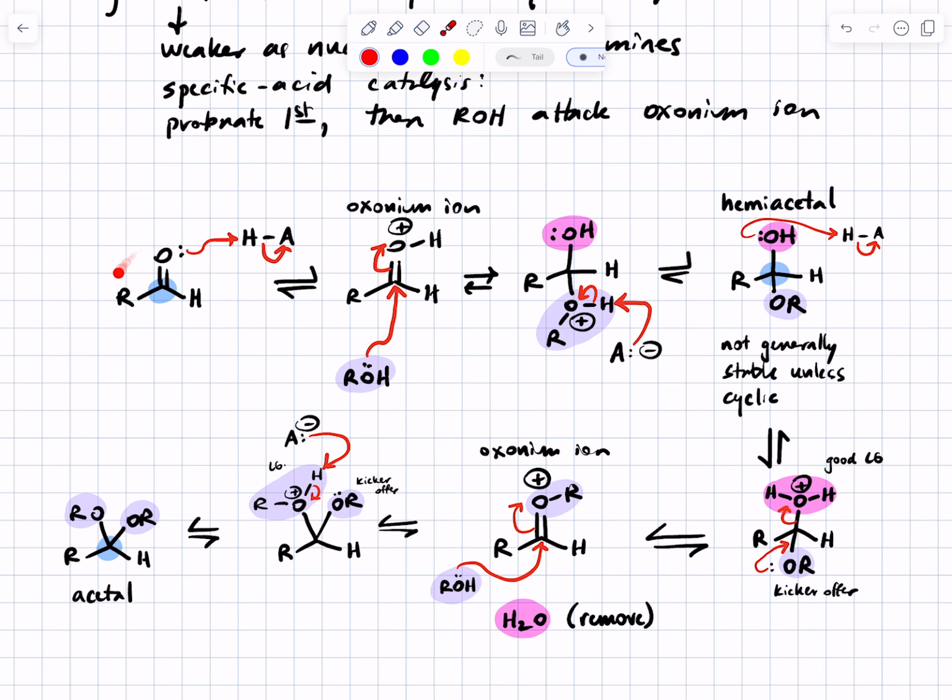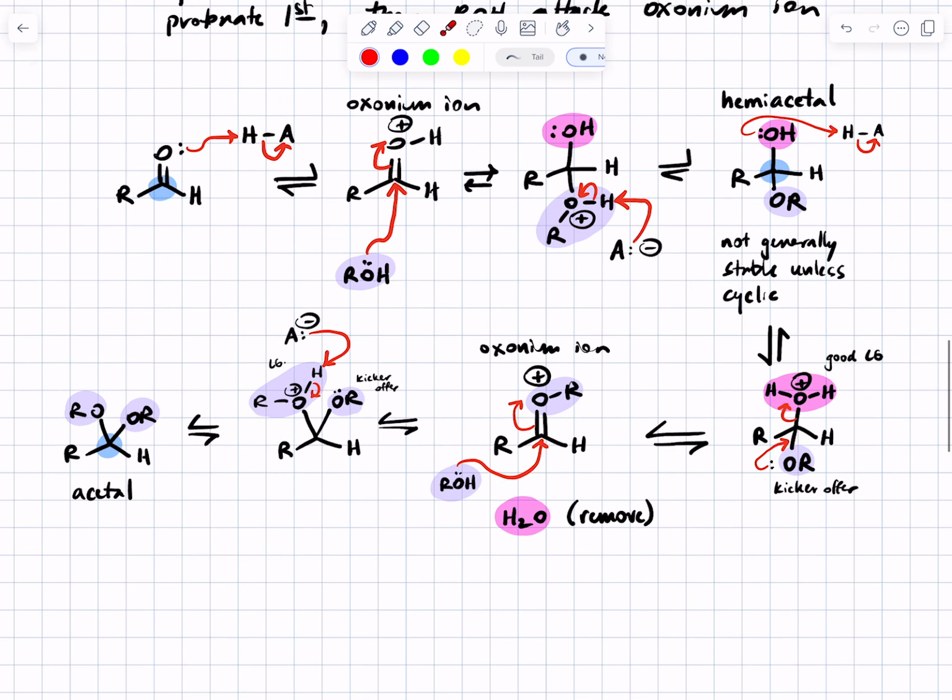So if you're starting with the aldehyde and the alcohol, you protonate first, the alcohol attacks the oxonium ion, then you need to trade who's the good leaving group so you can eventually lose water as a leaving group. Then a second equivalent of alcohol comes in, you remove the proton, and that gets you to the acetal. Okay?